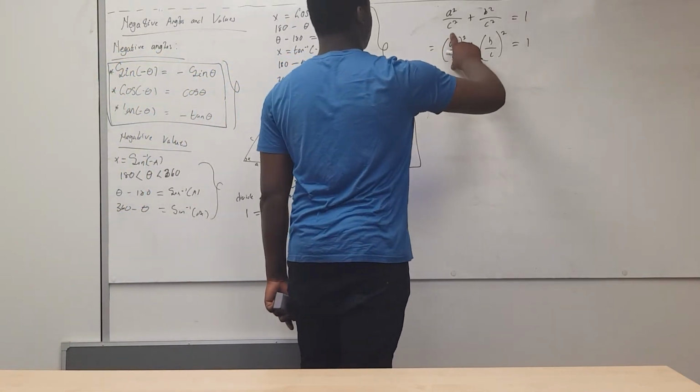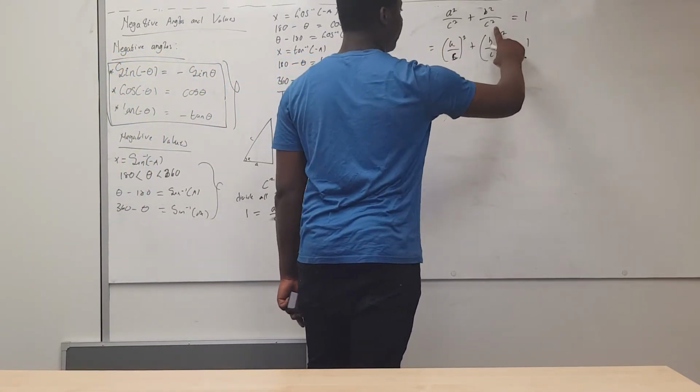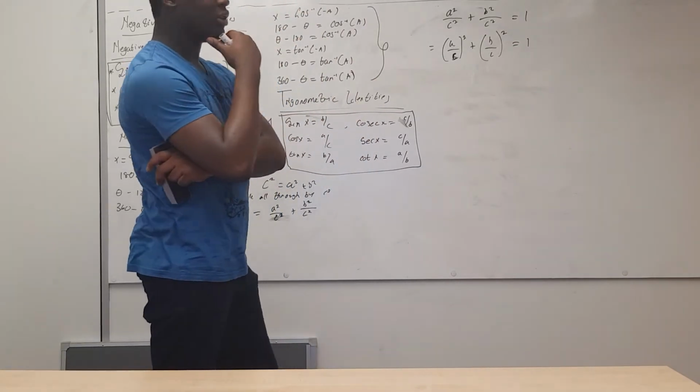This is a divided by c. This is b divided by c. And they are squared.